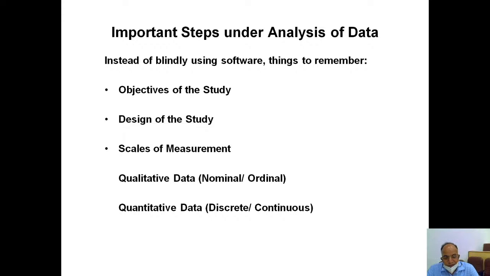The reason is, even today, you may laugh, but even today a few of the articles submitted by state medical college researchers still have all this nuisance in the article, like mean and standard deviation of gender. Can you believe? Mean and standard deviation of occupational categories.